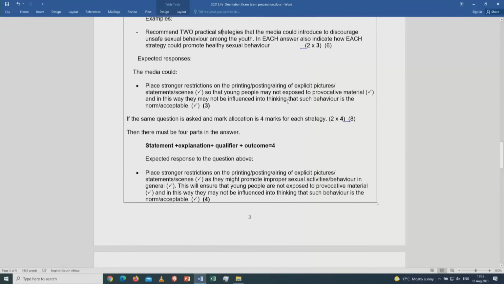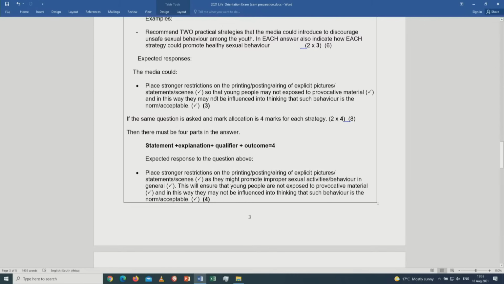Now the expected response for the 2 times 3. Let's look at, out of the 2, the first 3, where will it come from? The first response out of the 2 responses as per this 2 times 3 could be, the media could place stronger restrictions on the printing or posting or airing of explicit pictures or statements or scenes.